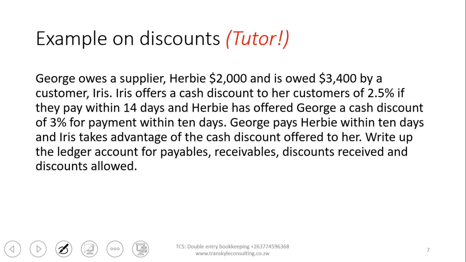George owes a supplier Herbie $2,000 and is owed $3,400 by a customer, Iris. George offers a cash discount to his customers of 2.5% if they pay within 14 days, and Herbie has offered George a cash discount of 3% for payment within 10 days.